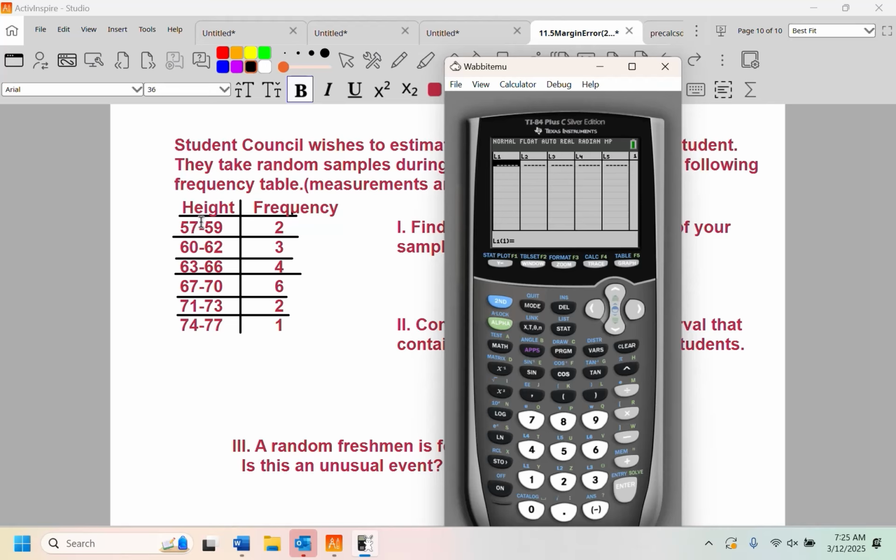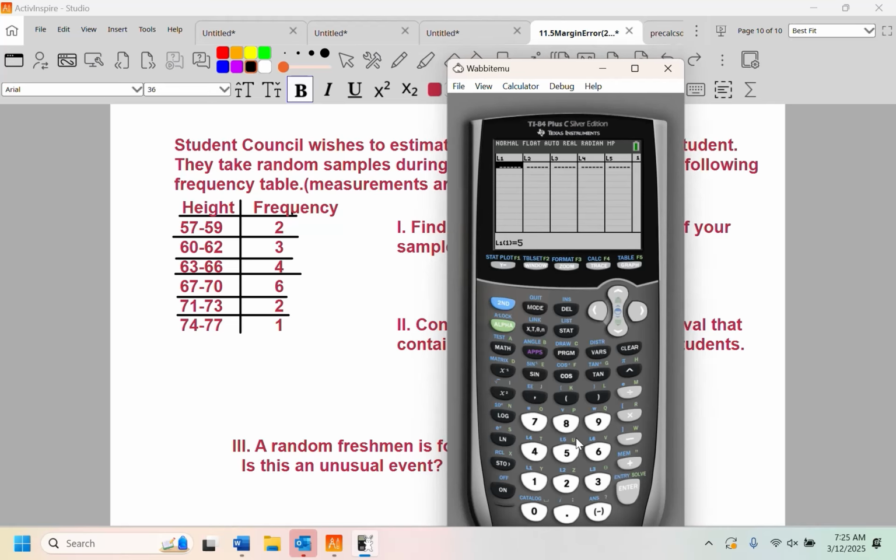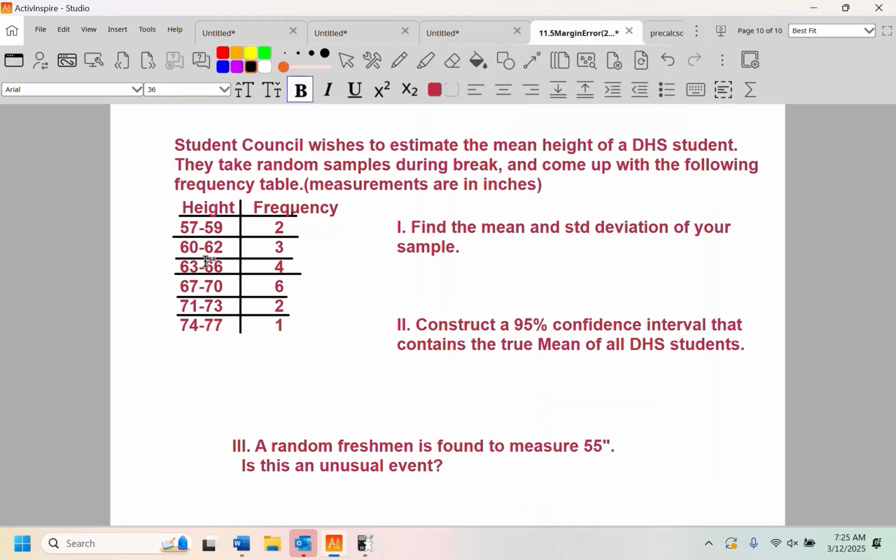The average or the middle number on 57 and 59 is 58. The next one's 61. Okay. The next one is, take a guess, 64. Oh, man. I wish I had caught this. This has to be fixed. That's supposed to be 65, 66, 69, 70, 72.